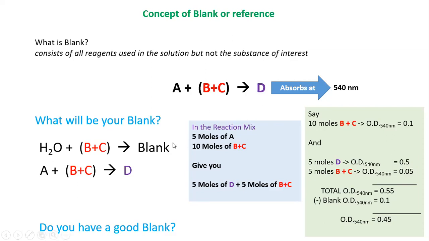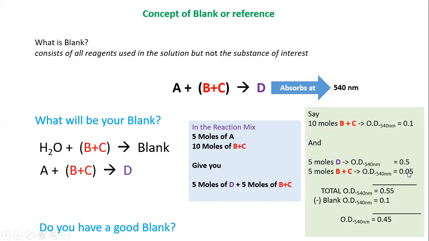Okay, see, instead of 5 moles here, imagine that there are only 2 moles of A in your sample. Then how much amount of B plus C will be consumed in the reaction? It will be 2 moles, correct? So you will get 2 moles of D. So the extent of absorption due to D will be 0.2. However, the leftover amount of B plus C would be 8 moles, right? So the extent of absorption due to B plus C will be 0.08 now.